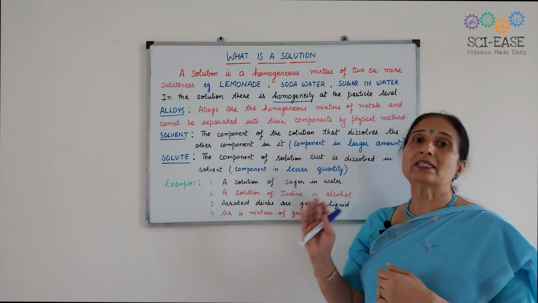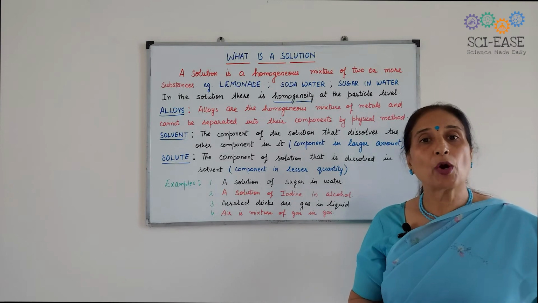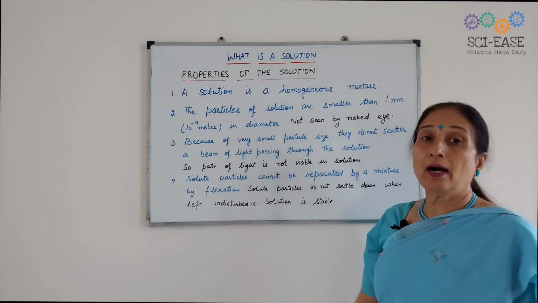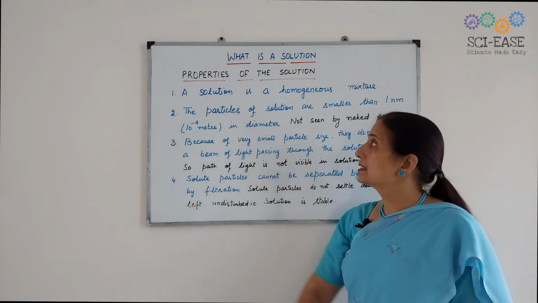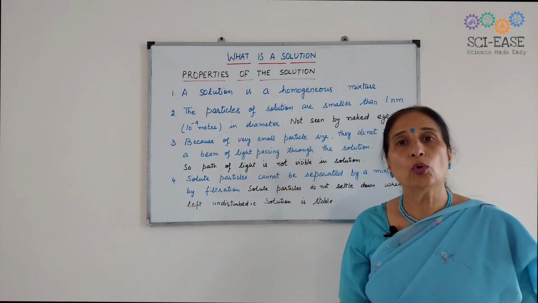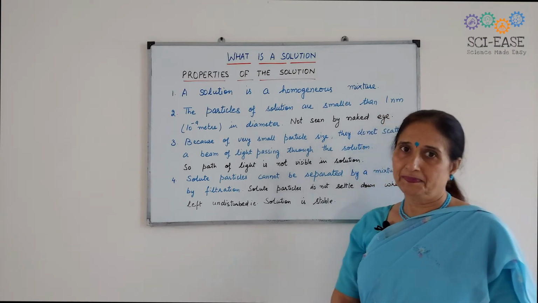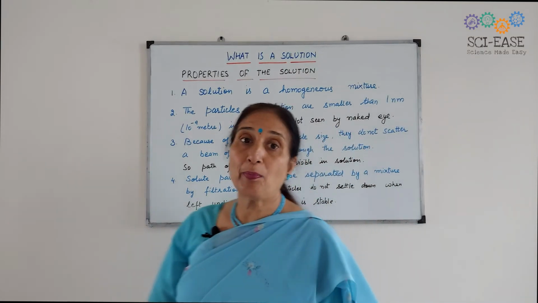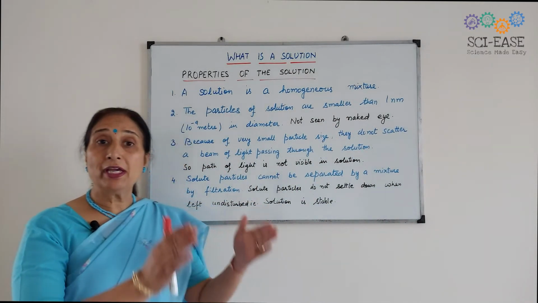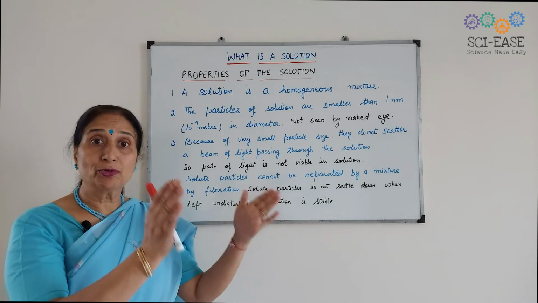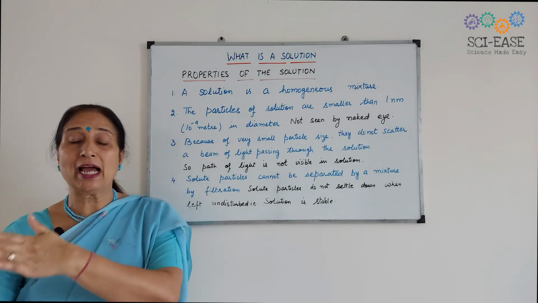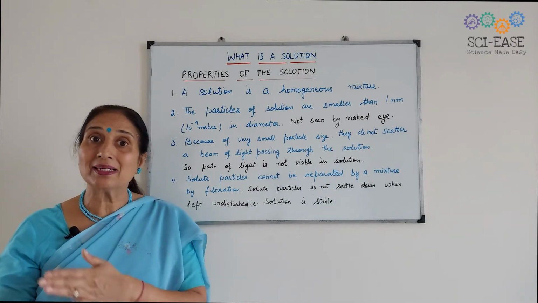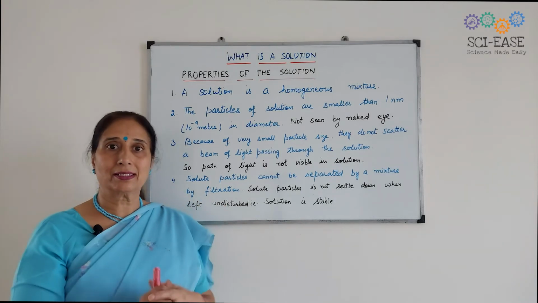The properties of a solution are: first, a solution is a homogeneous mixture. Second, a very important point: when we compare true solution, colloidal solution and suspension, we must know the particle size. There is a difference in particle size.